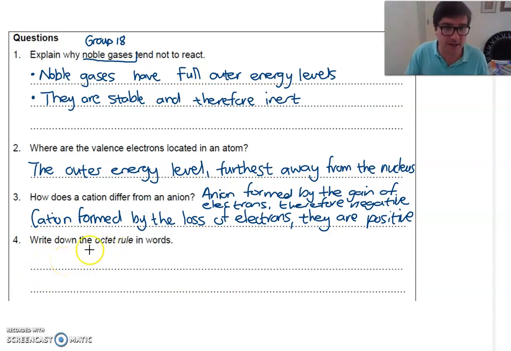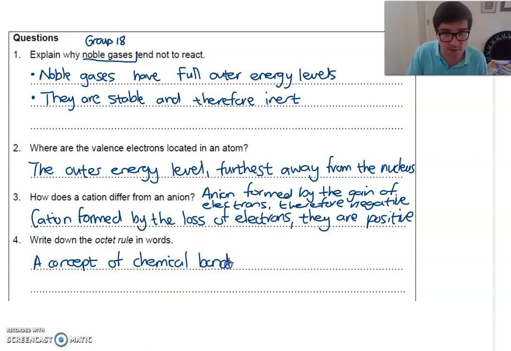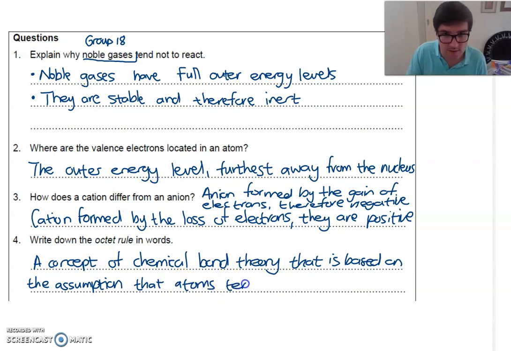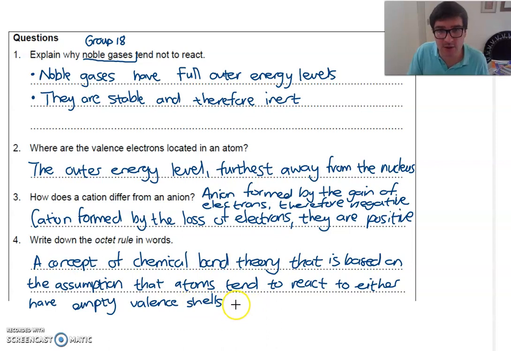The octet rule is defined in our notes as a concept of chemical bond theory that is based on the assumption that atoms tend to react to either have empty valence shells or full valence shells of 8 electrons.